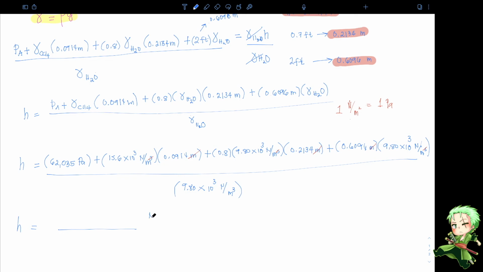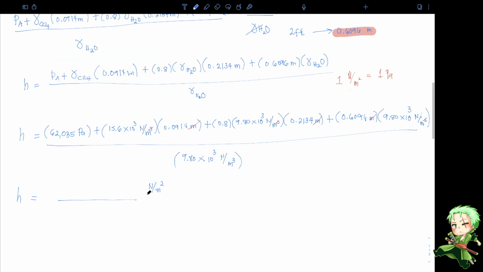For the numerator, you have newton per square meter, or just pascal, and for the denominator, you have newtons per cubic meter. Since this is a division of fractions, I could solve that by multiplying the numerator by the reciprocal of the denominator.